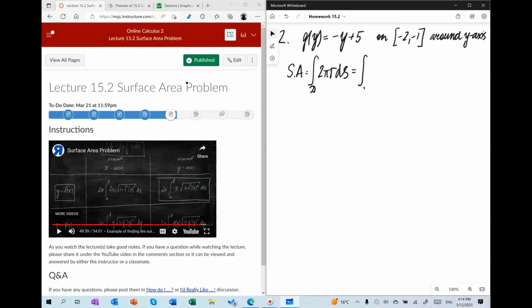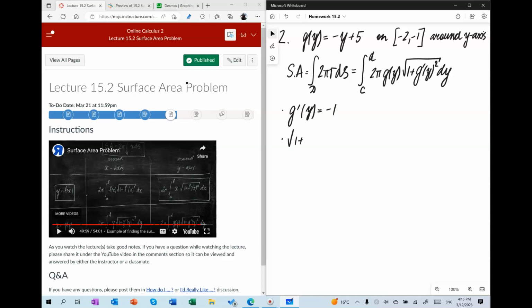So it's going to be the integral from c to d of 2 pi g of y times the square root of 1 plus g prime of y squared dy. And we're going to set it up in 3 steps. First we're going to find the derivative of g, which is just -1.